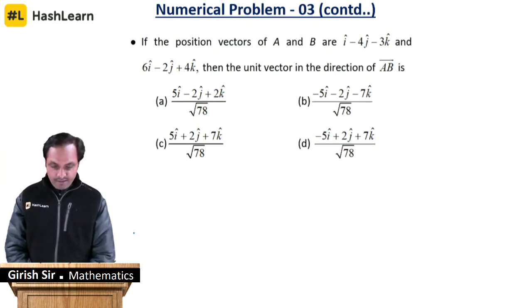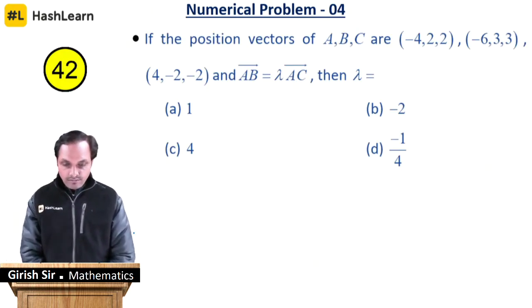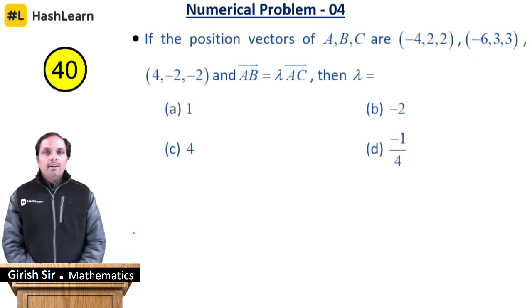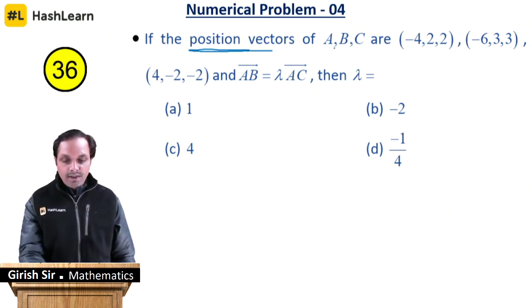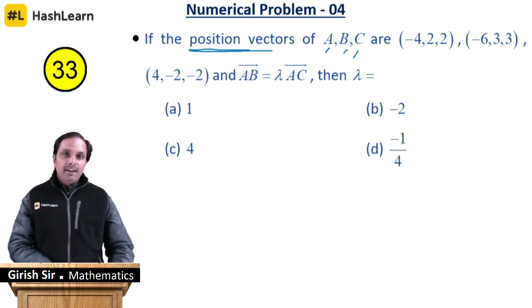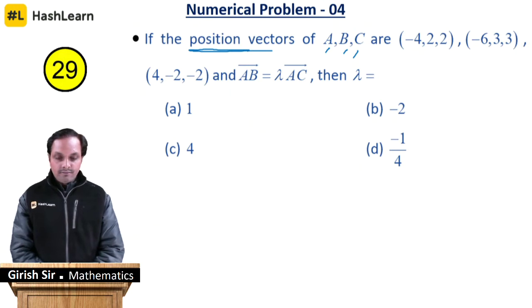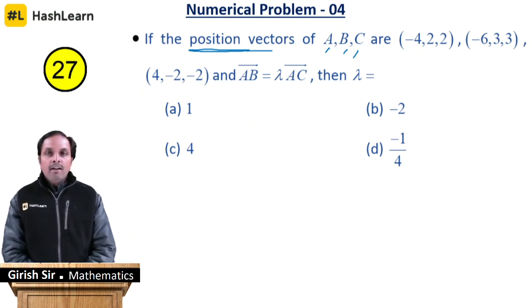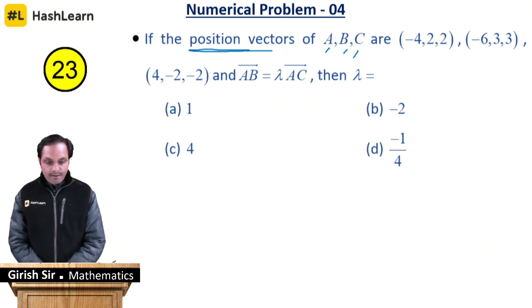Numerical 4, and here is the problem. Very important. They are giving you the position vectors of 3 points A, B and C. You need to find lambda.